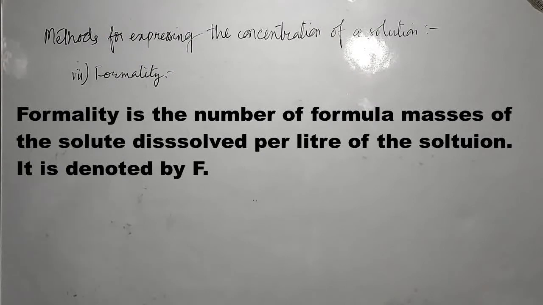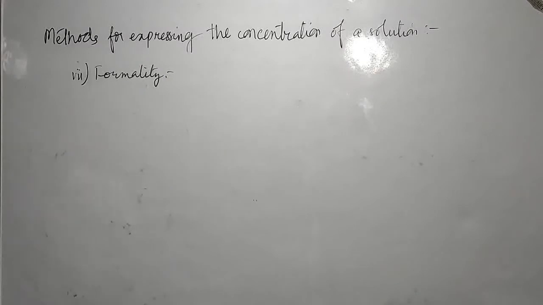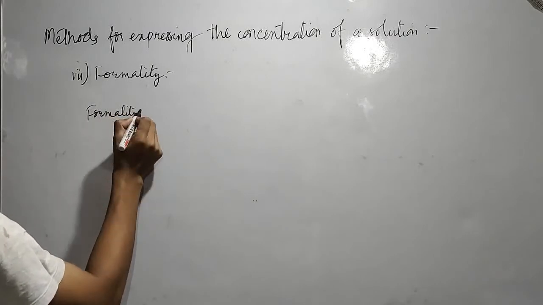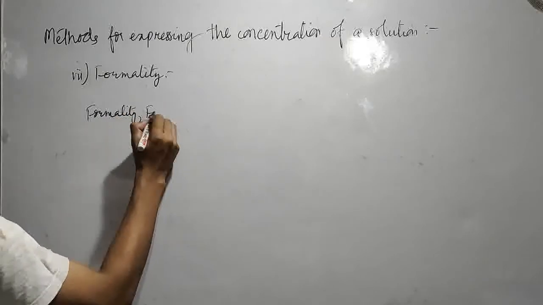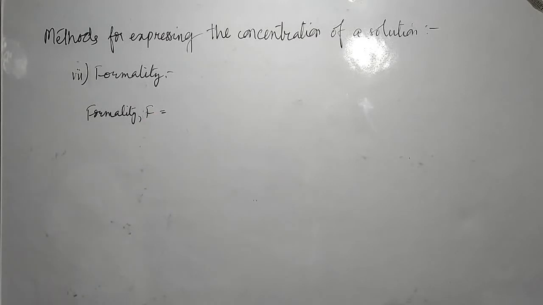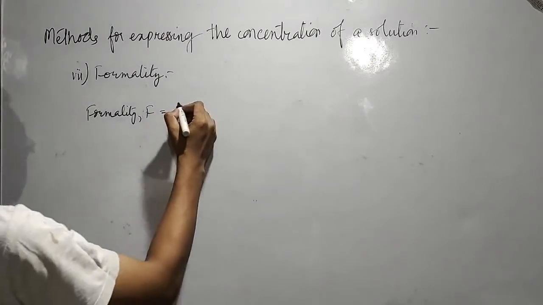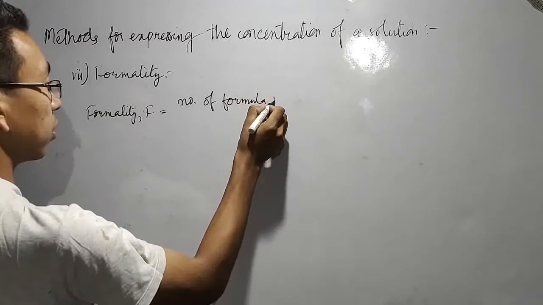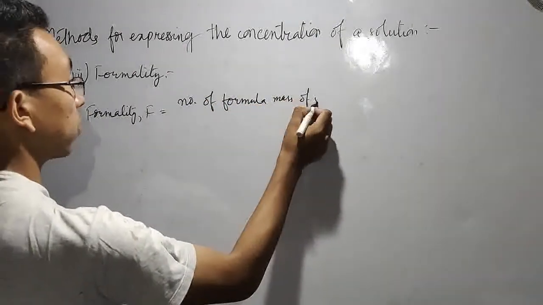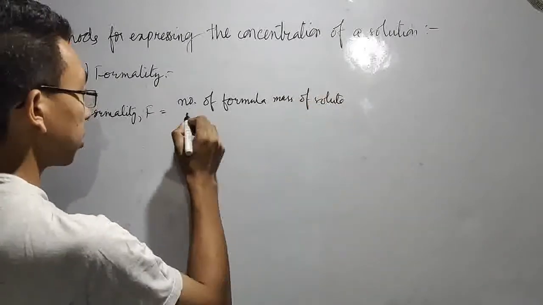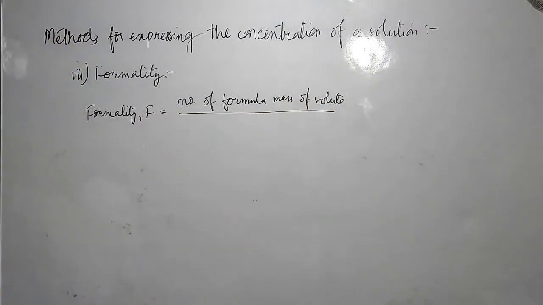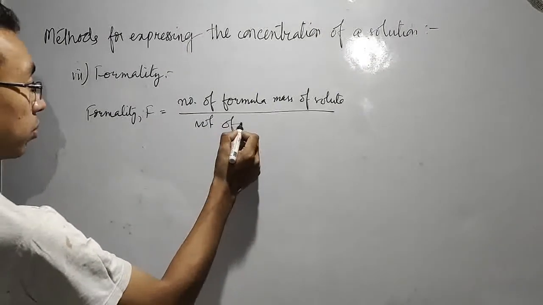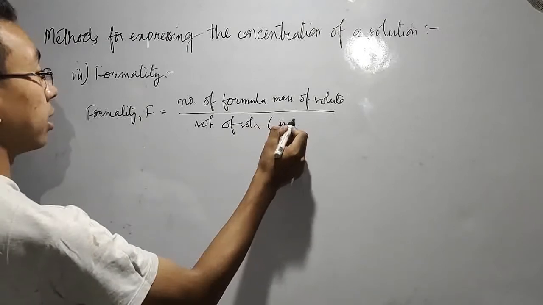This is represented by capital F. Formality F equals the number of formula masses of solute divided by the volume of solution in liter.